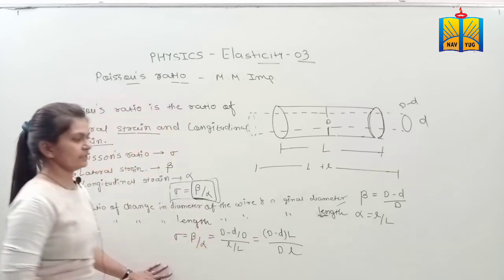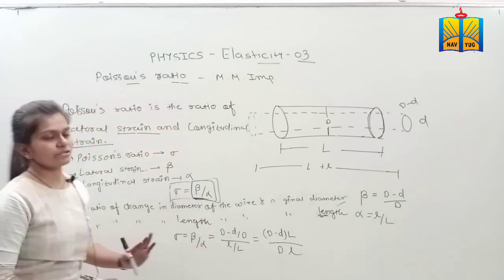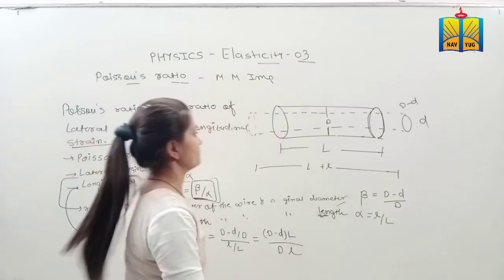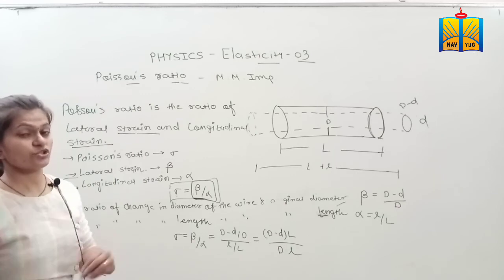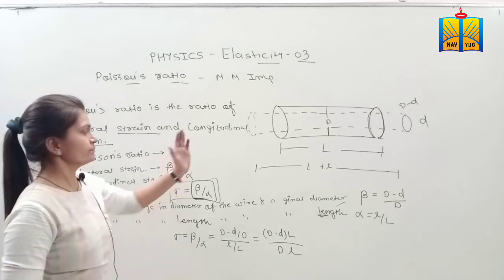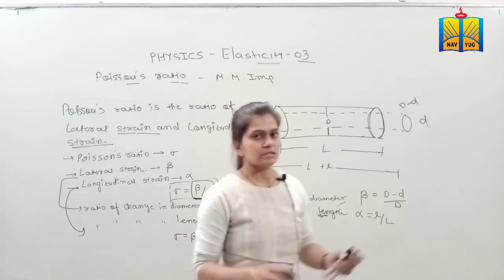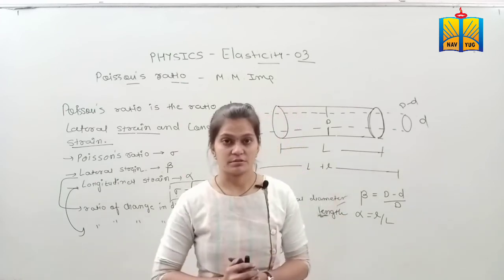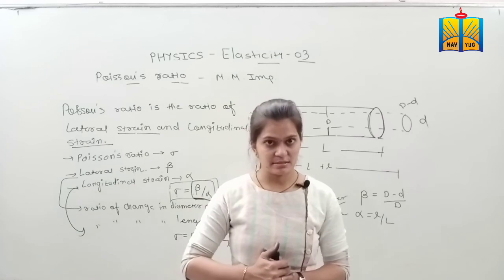So finally we have done this question, Poisson's ratio is complete. Must remember, again I repeat this question because it's the most important question. When we stretch a wire, definitely the length increases, but the diameter also decreases.